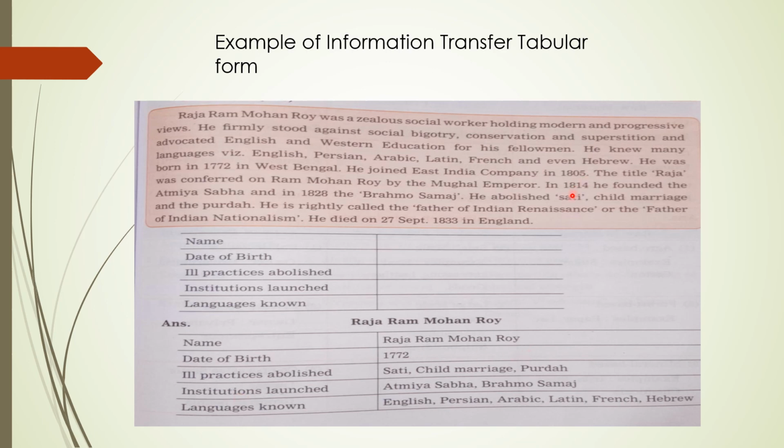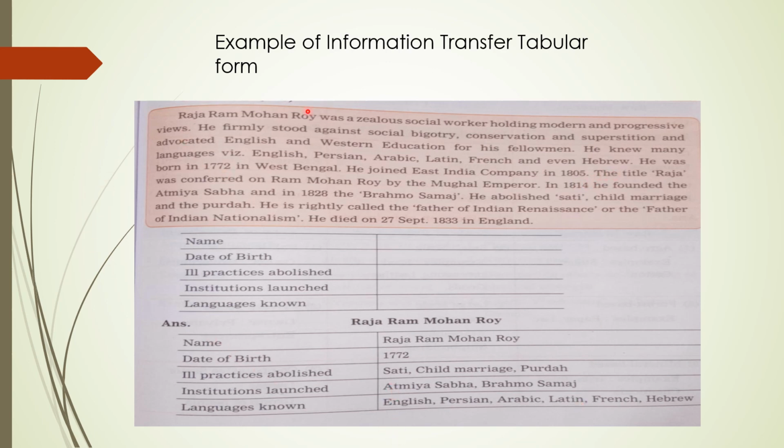You could write the year also, or if they say institution launched in which year, then you would put Atmiya Sabha in 1814 and the Brahmo Samaj in 1828. What are the languages that he knew? So languages known. It's given over here: English, Persian, Arabic, Latin, French, and Hebrew. So these were the languages that he knew.